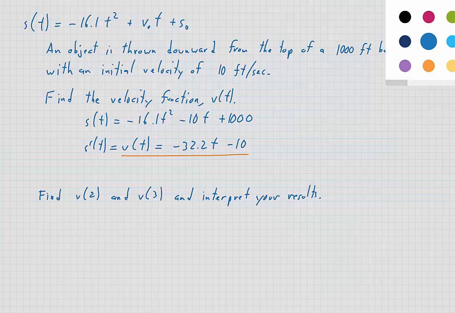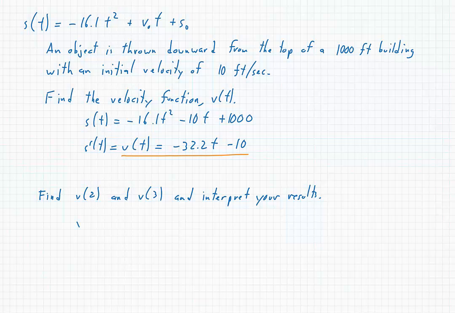So let's take a look at the second part here, where we're asked to come up with, for instance, v of 2. Well, we're going to plug 2 in. So we're going to end up in this case with negative 32.2 times 2 minus 10. And that'll give me negative 74.4 feet per second.